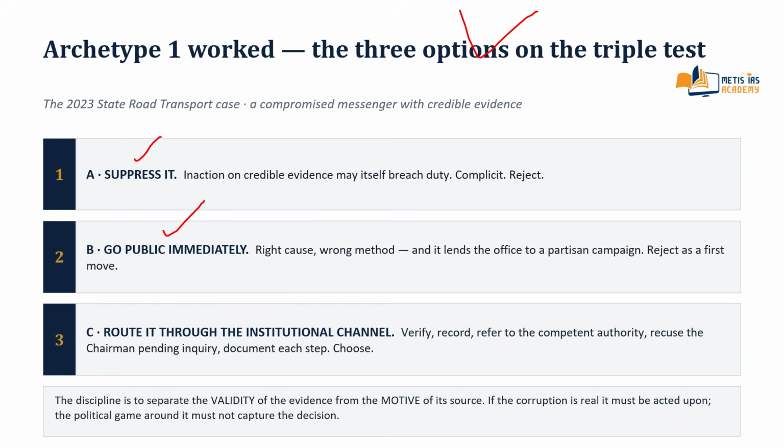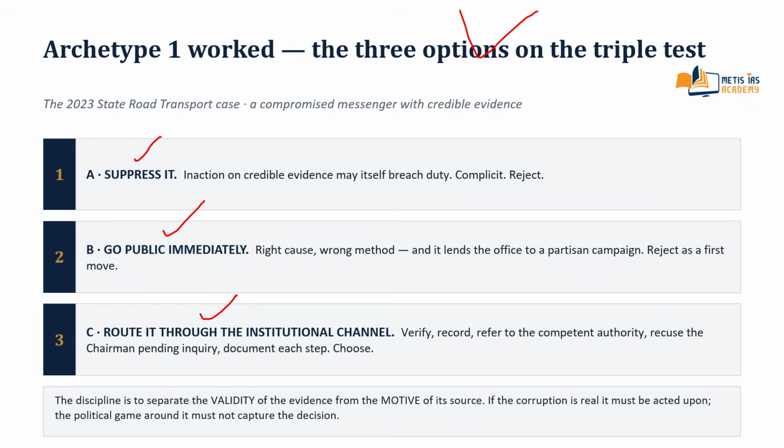Then option C: route it through the institutional channel. Verify the material to the extent I can, place the matter on official record, refer it to the competent investigating authority rather than to the press or the opposition, recuse the chairman from related financial decisions pending inquiry, and document each step.